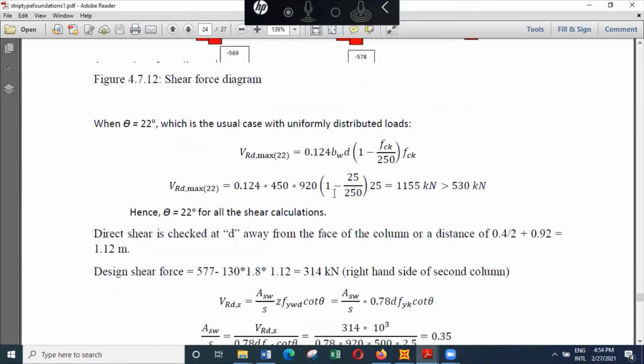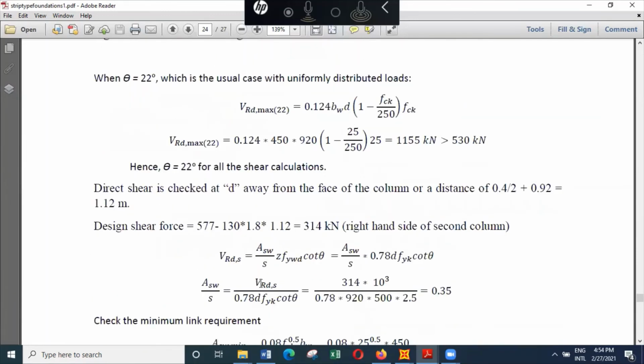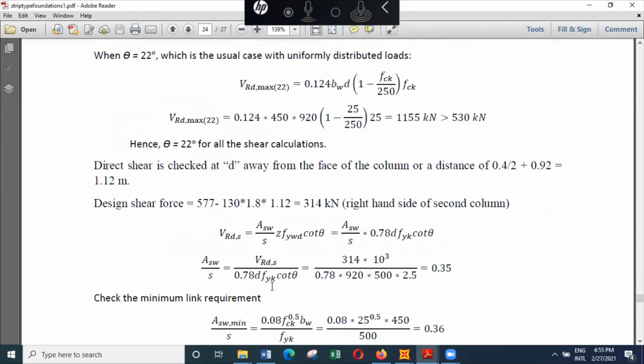But you can also provide less, but it does not look right because you have compression reinforcement as well, and when you have compression reinforcement, the compression reinforcement will need anchoring. The maximum distance is 12 times diameters.